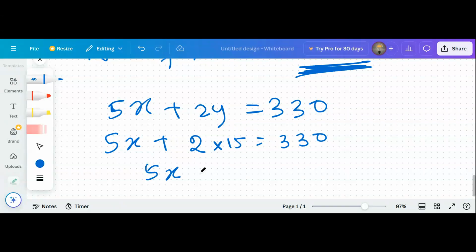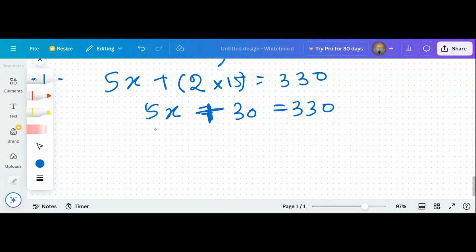So 5x plus 2 into 15, 30, is equal to 330. So 5x plus 30 is equal to 330. So 5x is equal to 330 minus 30. So you may get confused why I am subtracting here.